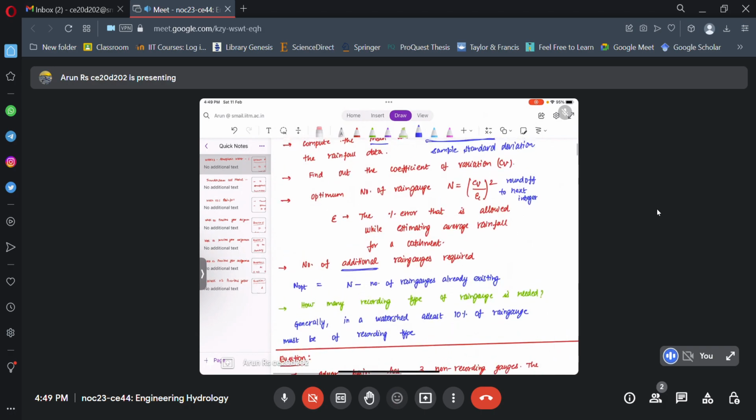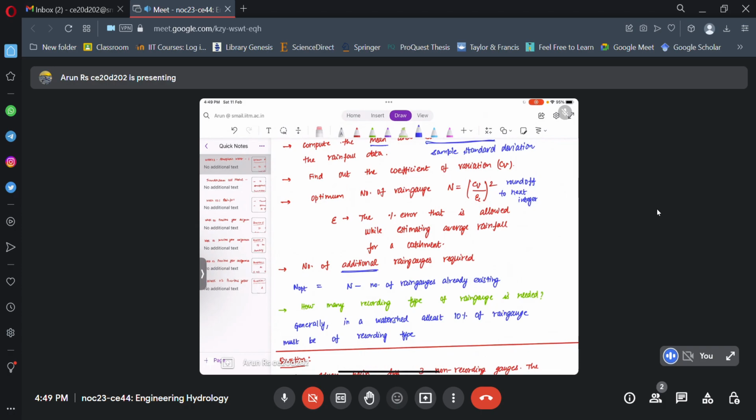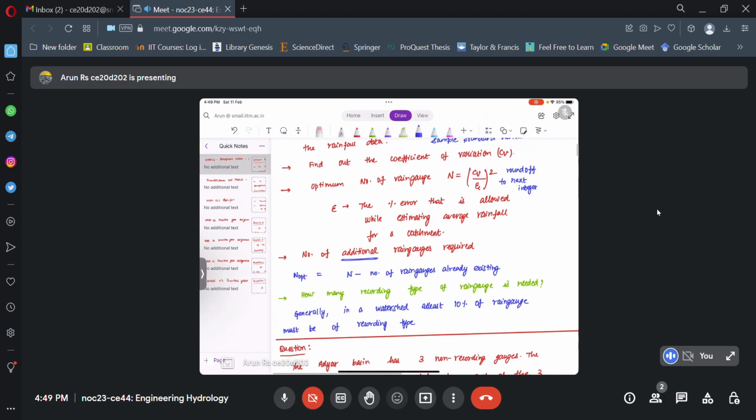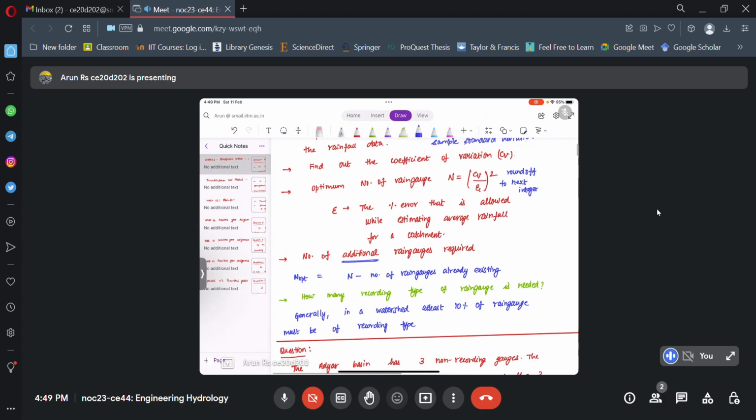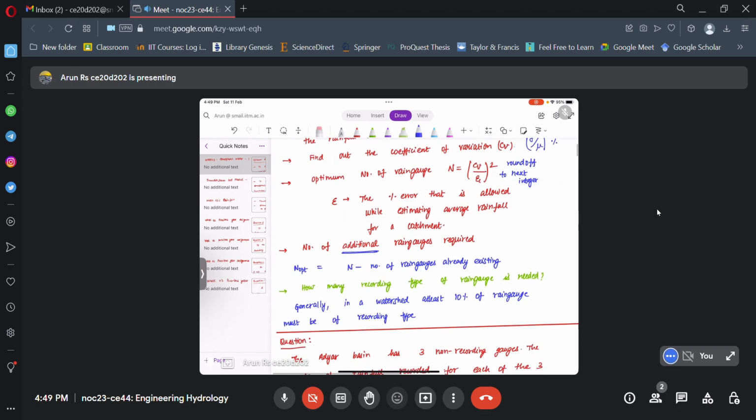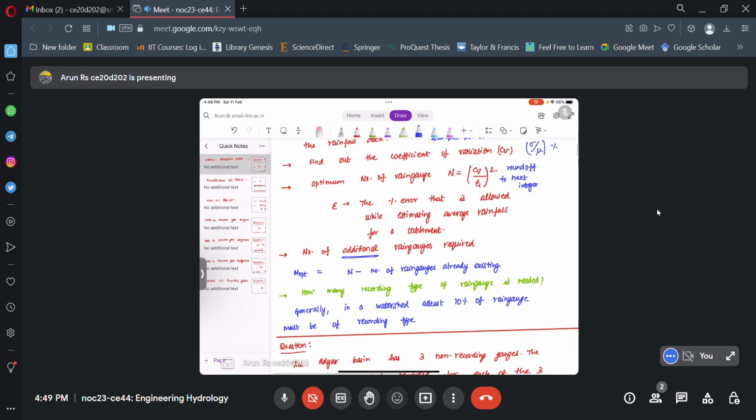After estimating the mean and the standard deviation, we need to determine the coefficient of variation, which is simply the ratio of standard deviation to the mean. We determine this in terms of percentage, and you will be given the error percentage in your question.